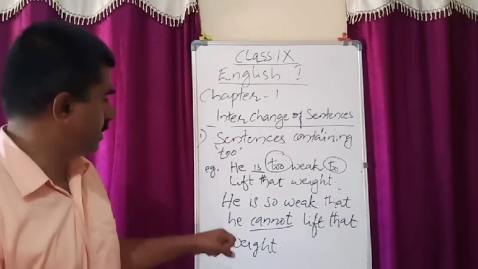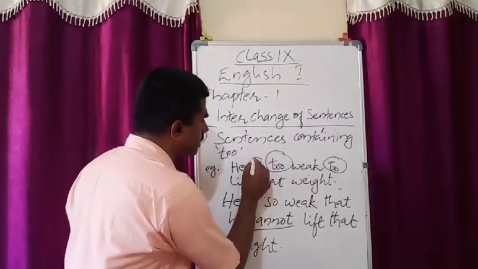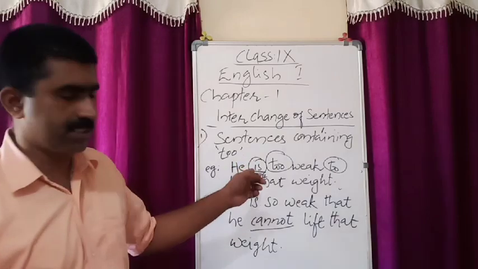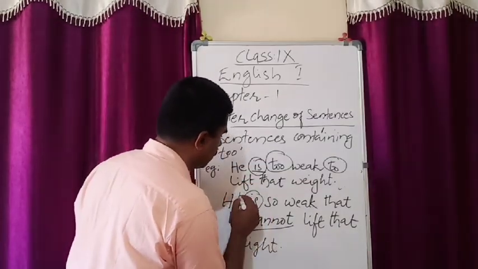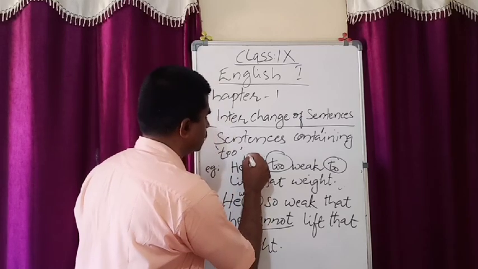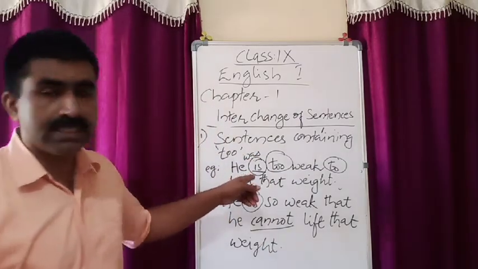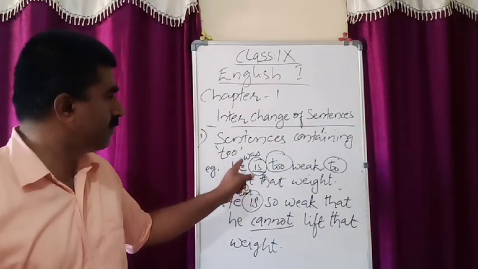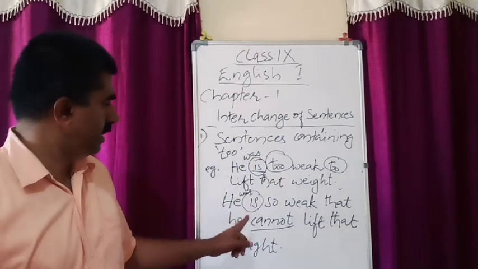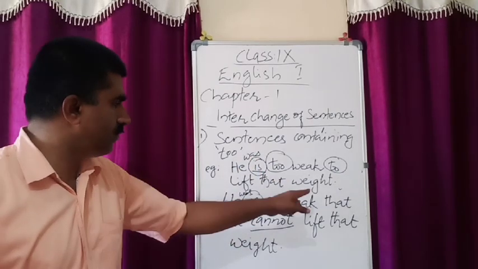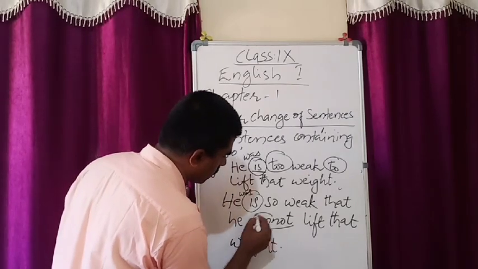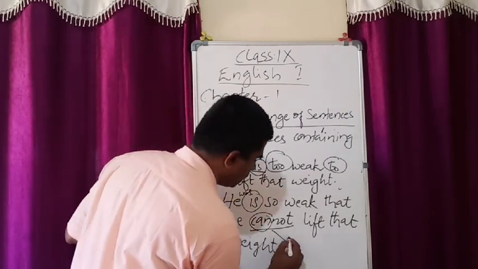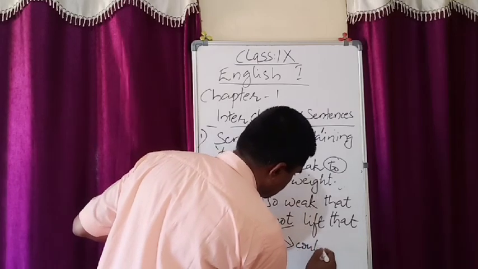Another important point is that if the sentence is in past tense, if it is "was", then here also we have to use "was". If the question is in past tense, that means "he was too weak", then in the answer also "he was so weak that", and then the next change comes: "he could not". "Cannot" will change into "could not".